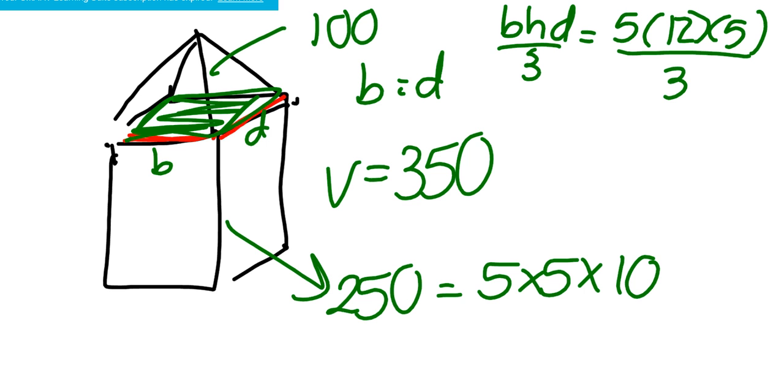So your height for your pyramid is the height from the bottom, the base, right to the tip. So these would be measurements that would work to give you 350 for a rectangular prism and a pyramid together. It's a little bit of trial and error.